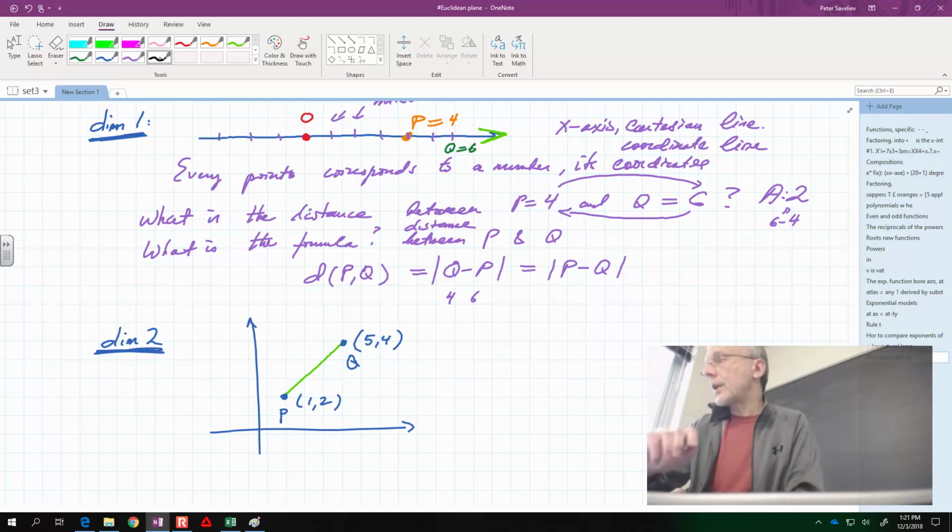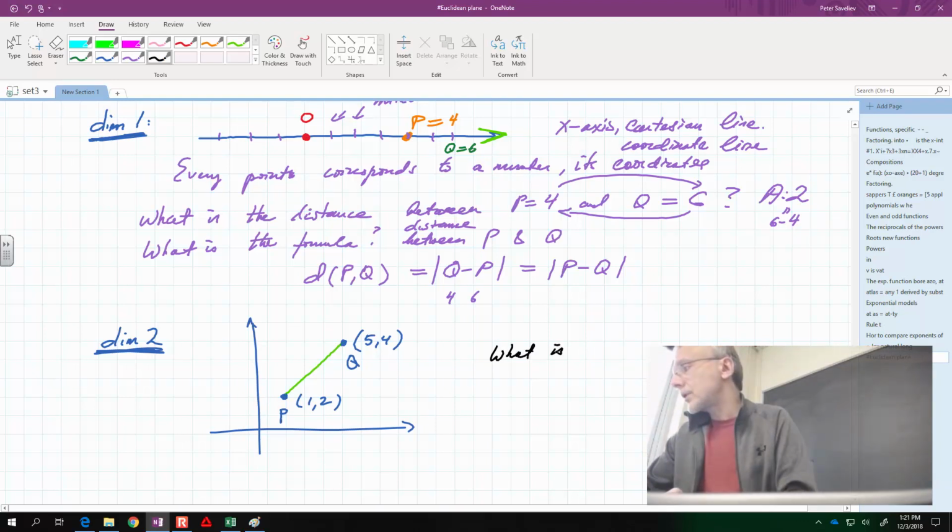So once again, the question is, what is the distance between P and Q in terms of their coordinates?